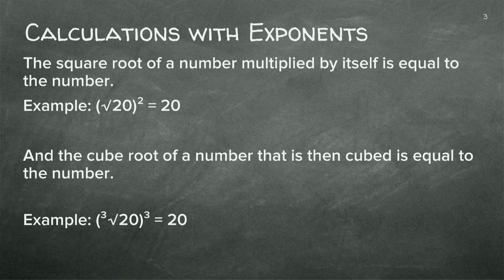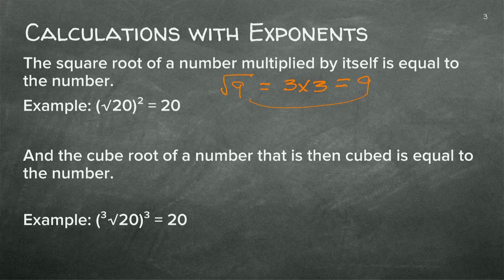So let's follow this bit by bit, piece by piece. They say the square root of a number, so the square root of 9 is 3, and if you multiply it by itself, is equal to the number, okay?